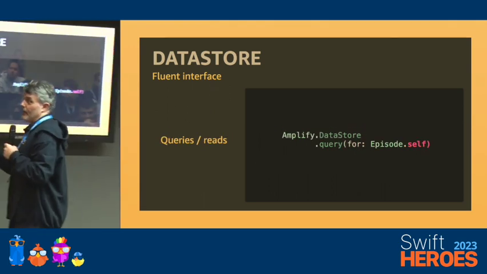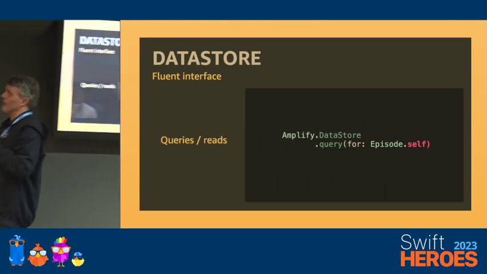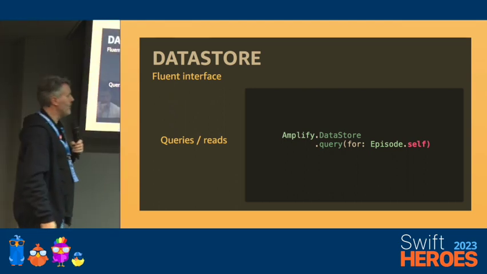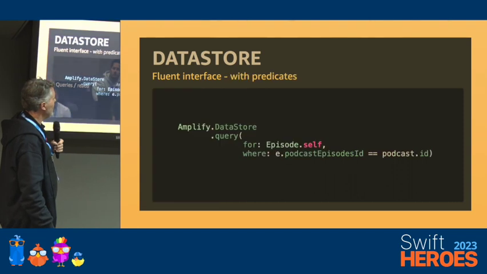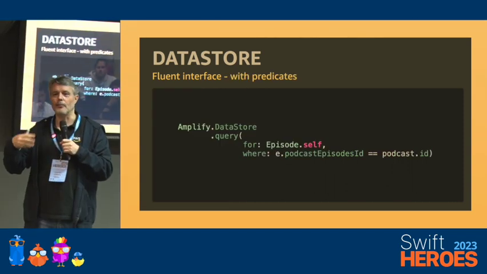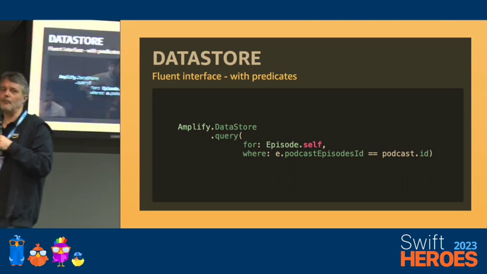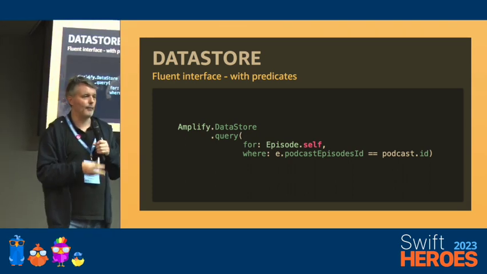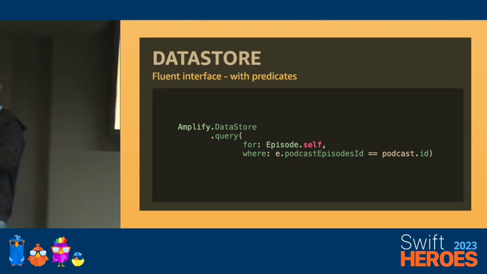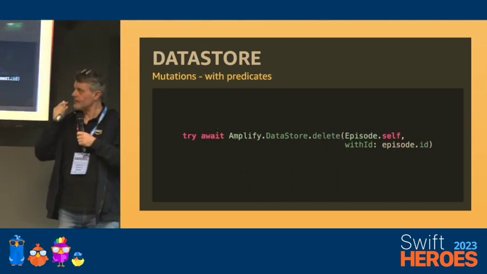Same way, you can query with amplify.datastore.query for all episodes here, if you want to retrieve all the episodes in the database. Or of course, you can have a where clause, a predicate that says I want to query a subset of my data. I want to query all the episodes for a given podcast, and then I give a podcast ID. It's like a where clause in SQL.